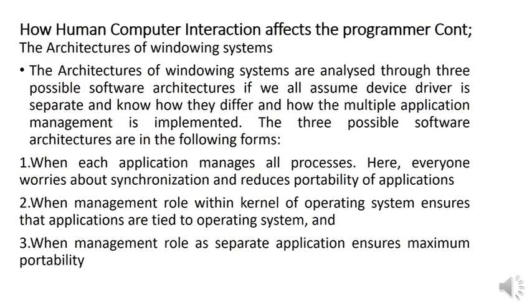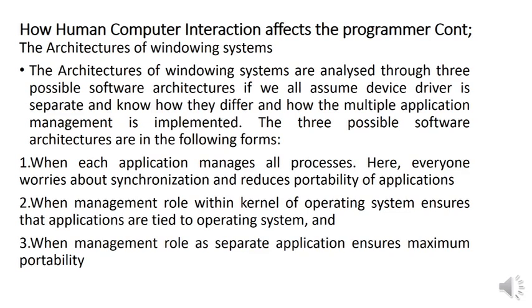Then the architecture of windowing. The architecture of windowing systems is analyzed through three possible software architectures. If we assume device drivers are separate and know how they differ, how the multiple application management is implemented, the three possible software architectures are the following.